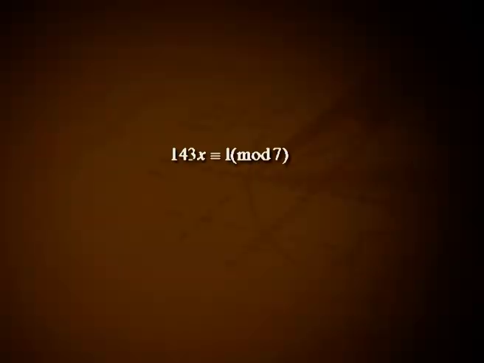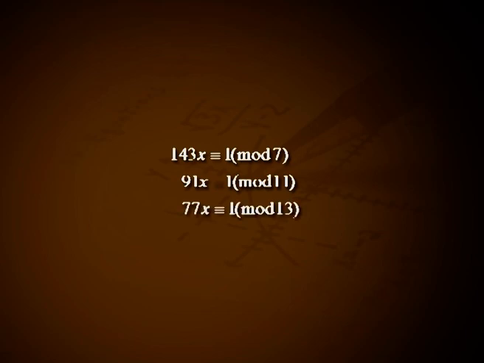Now, the linear congruences 143x ≡ 1 mod 7, 91x ≡ 1 mod 11, 77x ≡ 1 mod 13 are satisfied by x1 = 5, x2 = 4, x3 = 12 respectively.